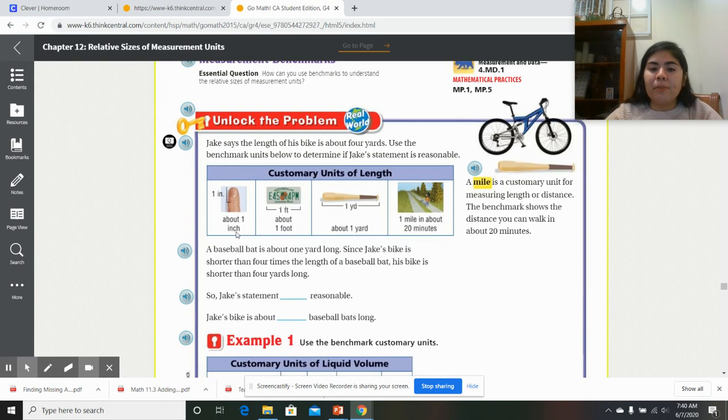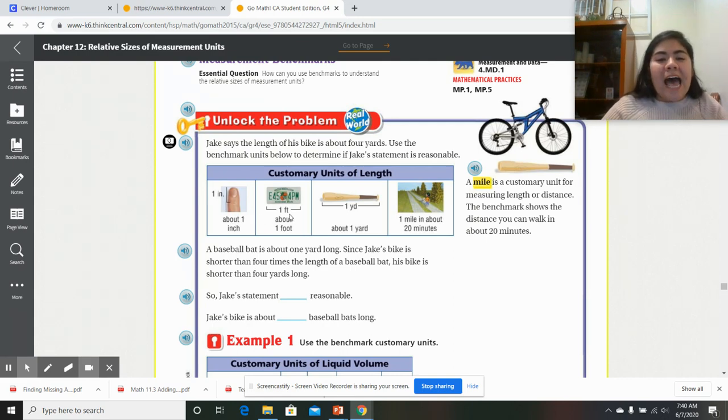So first we learn about 1 inch. If you look at your finger, this top notch of your finger is about an inch. Miss Alvarez has really small fingers, so it's probably a little bit more, but it's about an inch. It's an estimate. Okay.